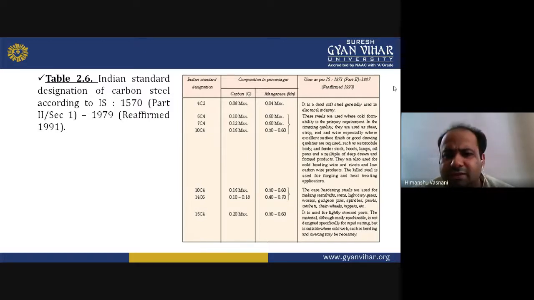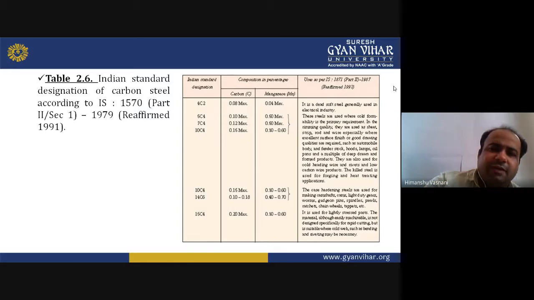So you can see that as per the standard designation, the applications are also there. Then the 15C4 standard is used for light stress parts. So these have applications which are usable in the industry.